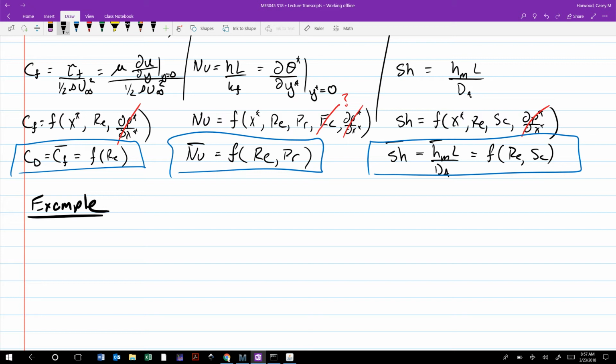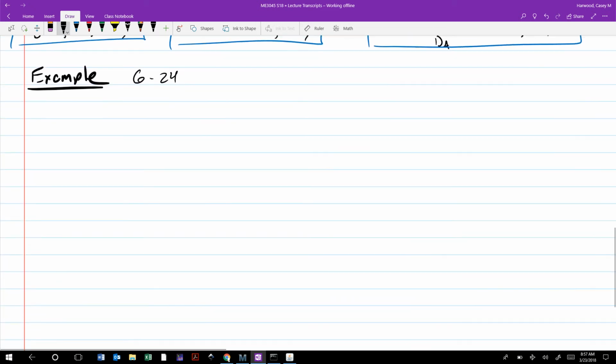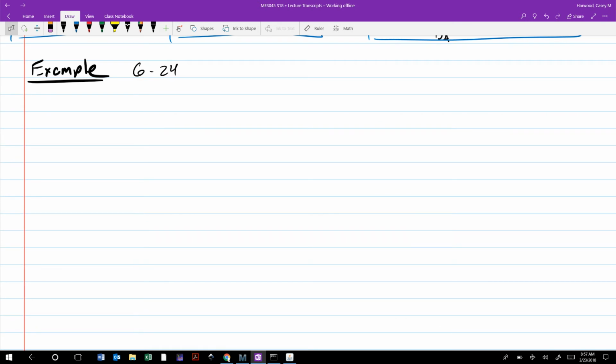All right. So example, this is from the book. This is problem 6.24. Let's imagine that you've got a turbine blade, for example, in a steam or gas turbine. Okay, here's a turbine blade.